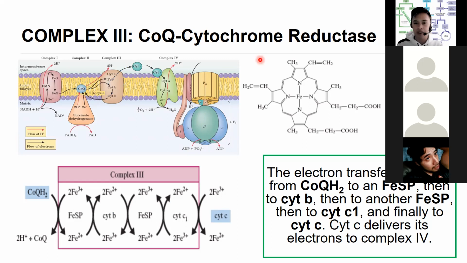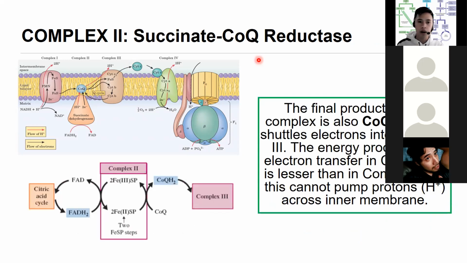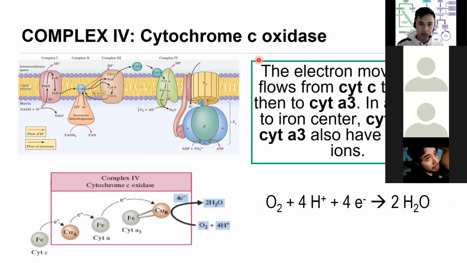Okay, I just like to emphasize that. But after reaching complex 3, you are already passing on the electron to cytochrome C. So cytochrome C will then transport it to complex 4. Complex 4 actually comprises cytochromes as well, but unlike your other cytochromes, these cytochromes contain copper.